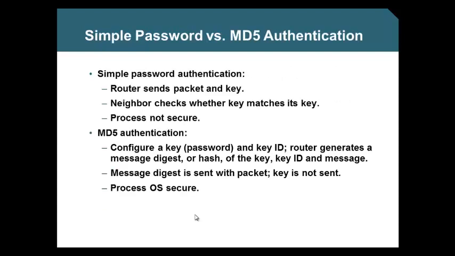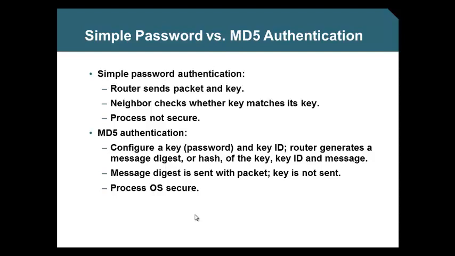Simple password authentication is like something is better than nothing. MD5 is the best. If you want to have just an authentication, something instead of nothing, then you may go for simple password authentication.